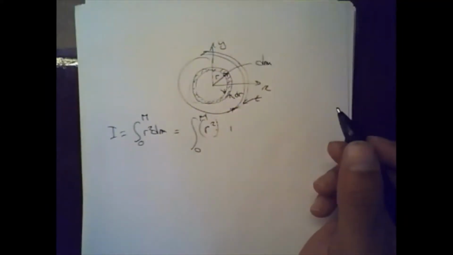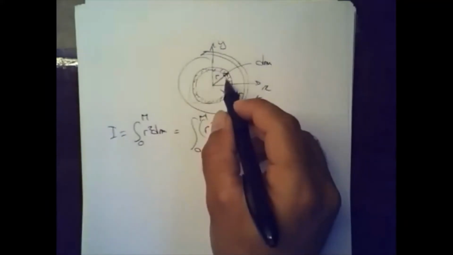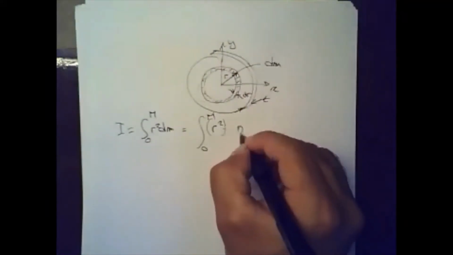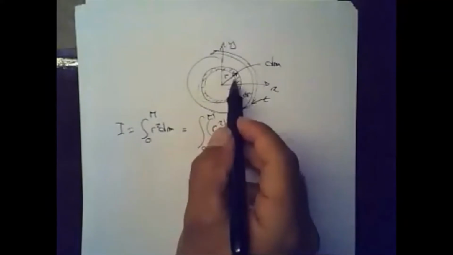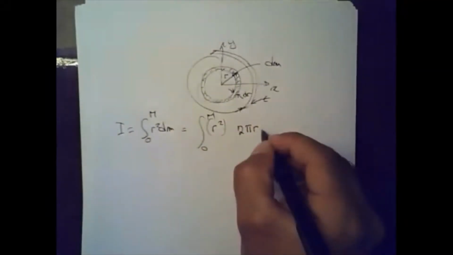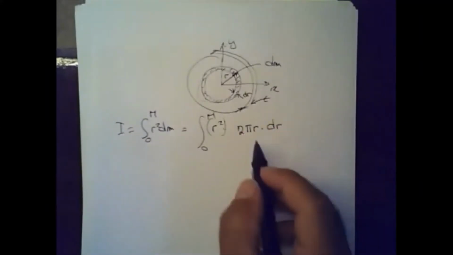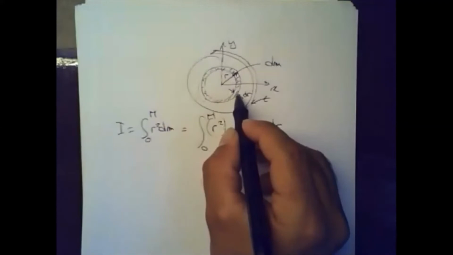In that case, first of all, we get the perimeter of this ring, which is 2 pi r. 2 pi r gives me the length of this ring. I have to multiply this by dr, so I'm multiplying it by the height of it.